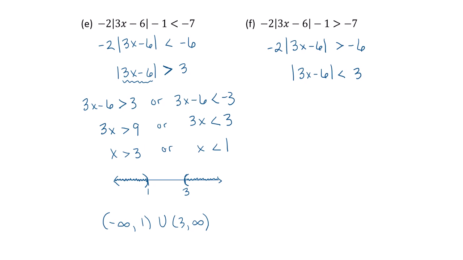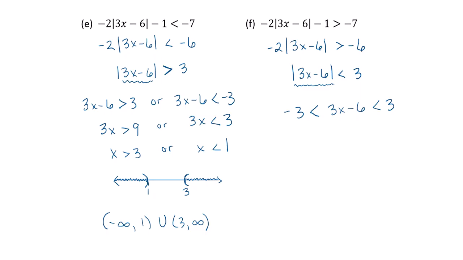Now I have a statement that says the absolute value of 3x minus 6 is less than 3. It has to be within 3 units of the value of 0. So we're going to have this statement of 3x minus 6 is less than 3, but at the same time greater than negative 3, so that the value is between negative 3 and 3 on a distance standpoint.